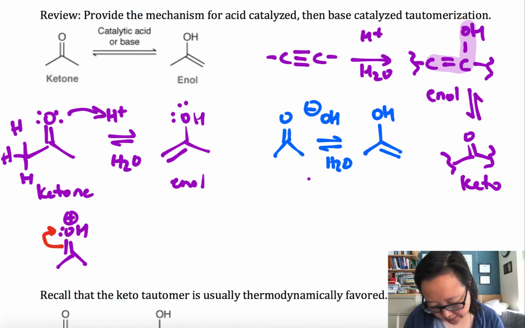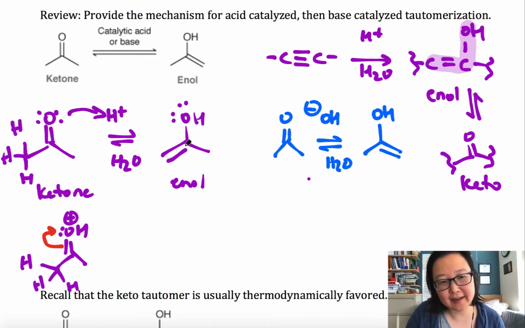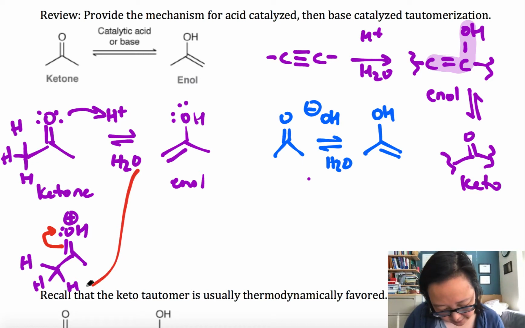And what I probably need to do then is have something to form the pi bond for my ene of the enol right here. So that's what I'm going to do with my water. I'm going to grab one of these hydrogens and do that. Okay, so that's how the mechanism for the keto to the enol goes for acid catalyzed reactions there.